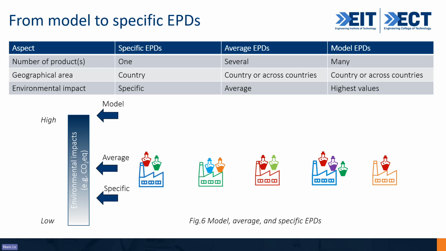And then all the admixtures here, the environmental impact will be either similar or smaller than this value, right? In other words, the environmental impact of this one will be the highest one, right?